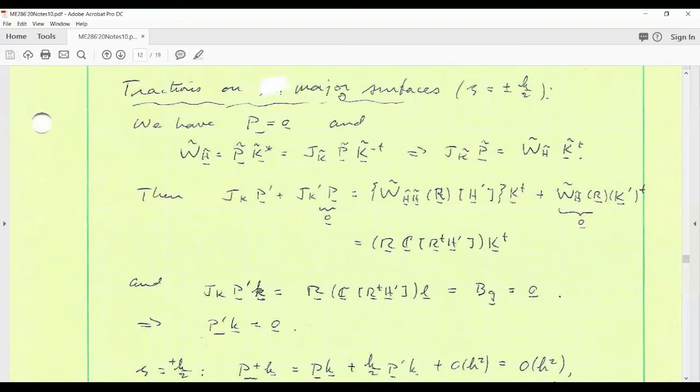Let's look at the tractions on the major surfaces, the top and bottom surfaces of the plate, where zeta is plus or minus h/2. The midplane stress is 0, if you recall, whereas the three-dimensional relationship between dW/dH and Piola stress is this, which tells you that JK Piola is equal to this. If we take the prime of this relationship and then evaluate on the midplane, we get this. P is 0 on the midplane.